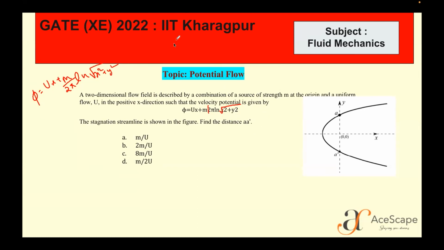So, have you all seen the lectures I have taken on this potential flows? Because if you have, then this is like a 30-second question. In my lecture, I have discussed that this is my R, this is my H. Can anybody give the value for R?